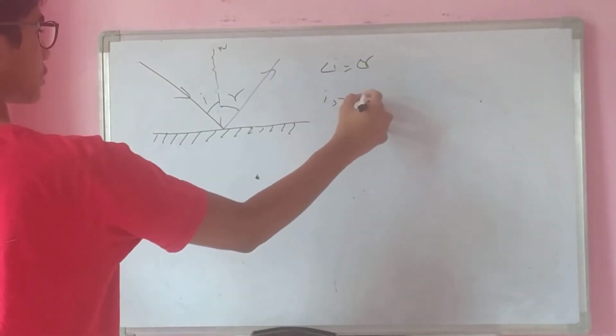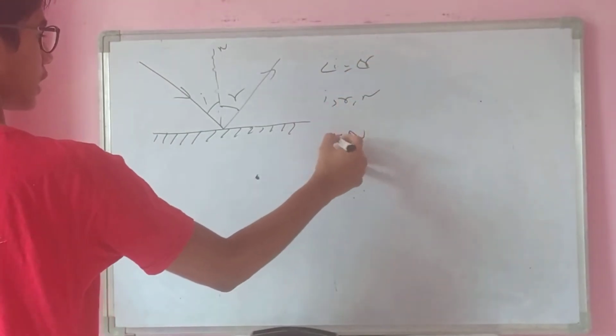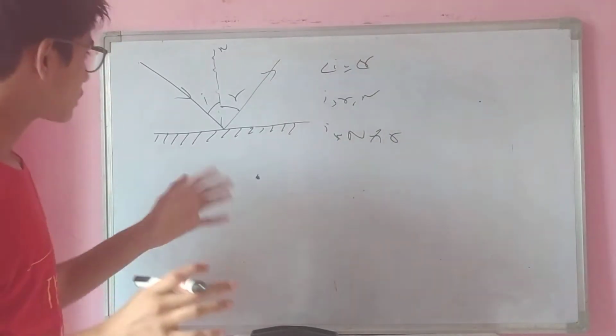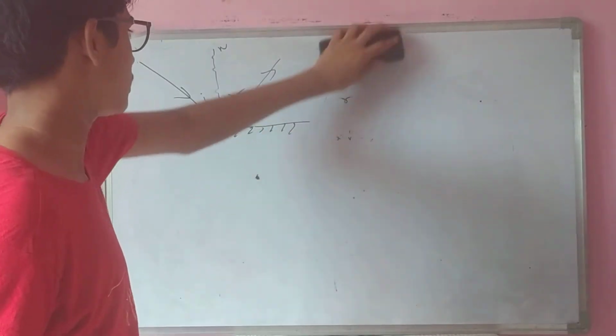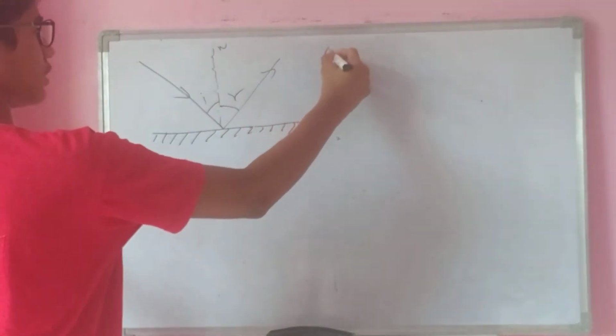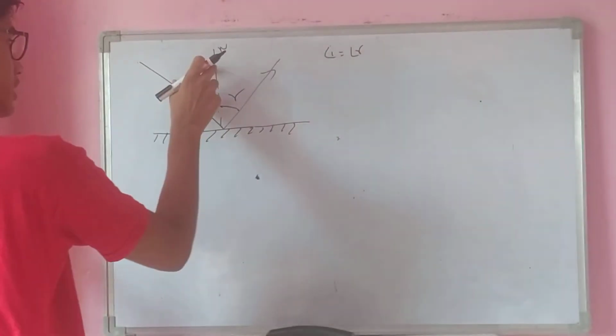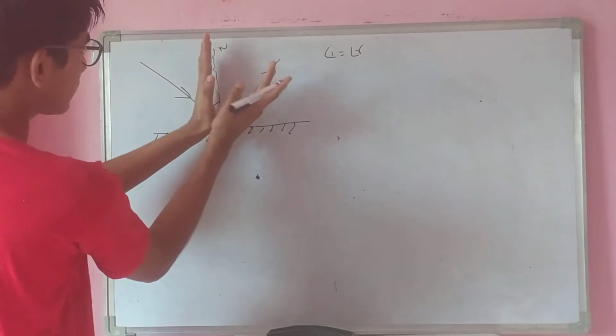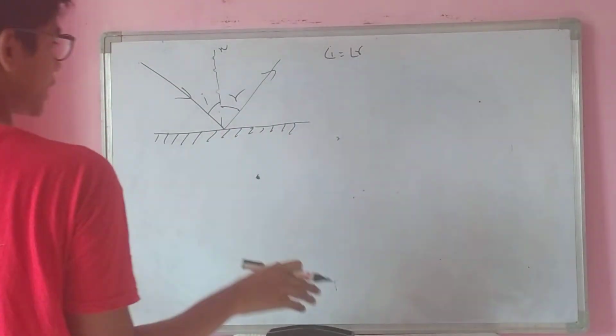I, R and N lie on the same plane, and N is in between I and R. This is the law of reflection. The angle between the normal and the incident ray is equal to the angle between the normal and the reflected ray, right?